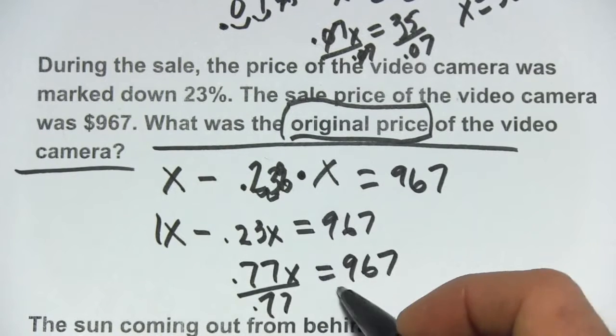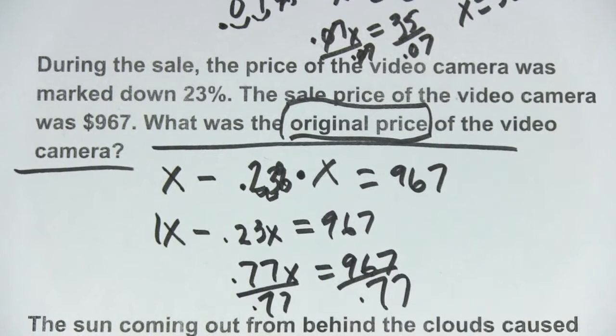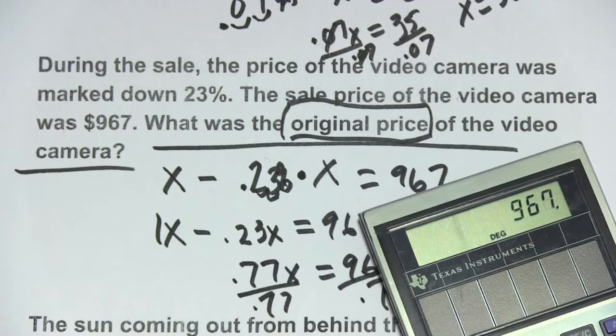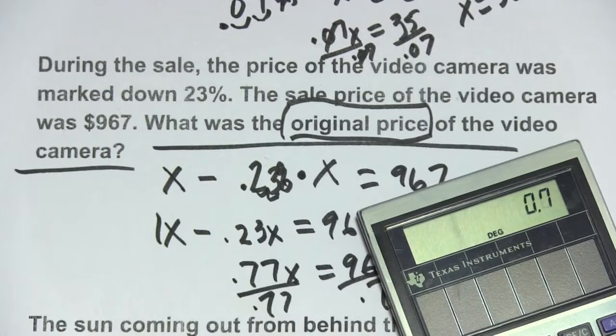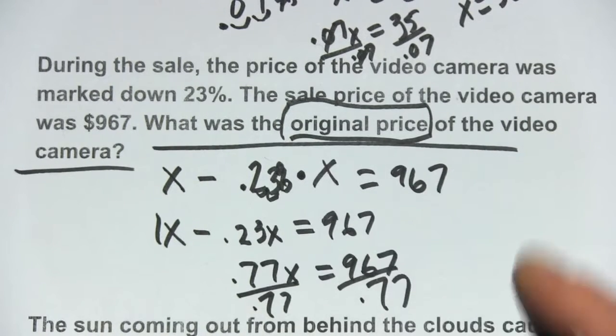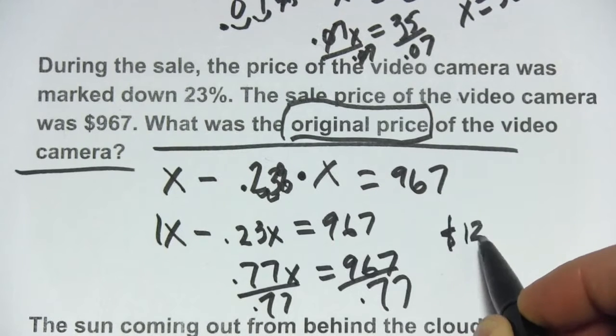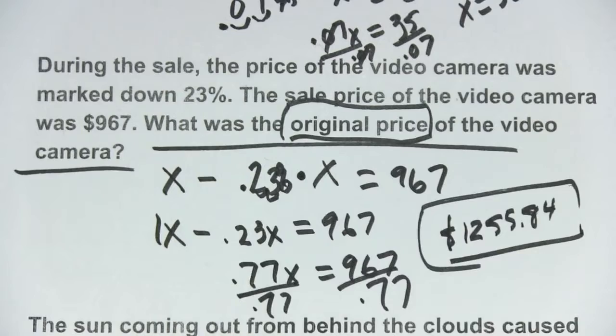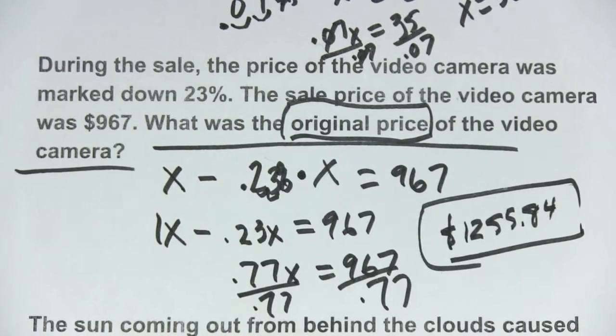So dividing both sides by 0.77. So we'll bring out that calculator again. 967 divided by 0.77. And looks like we're getting 1255.84 as our original price of the camera.